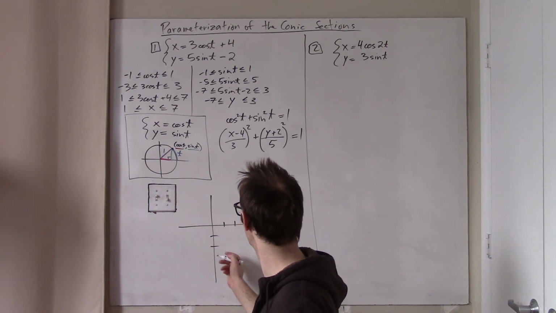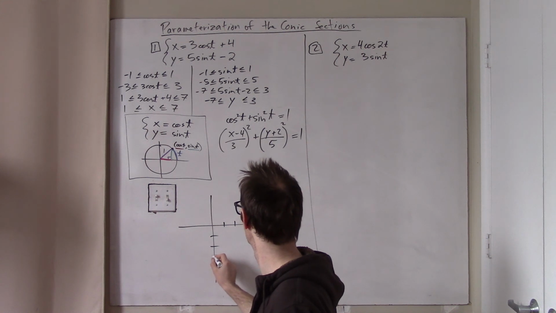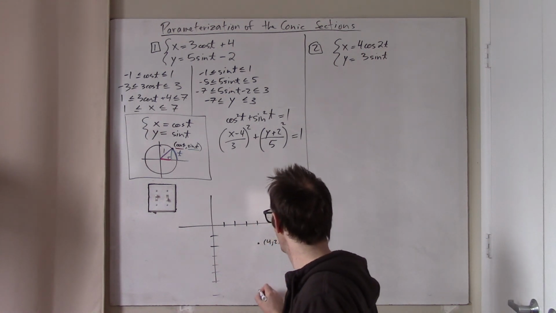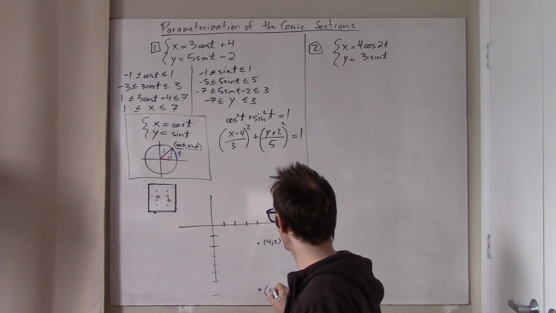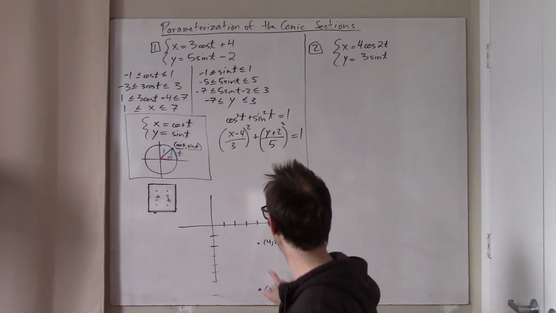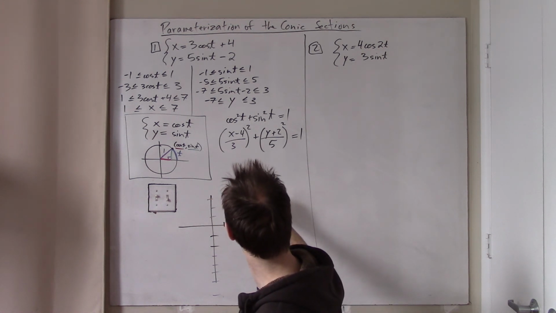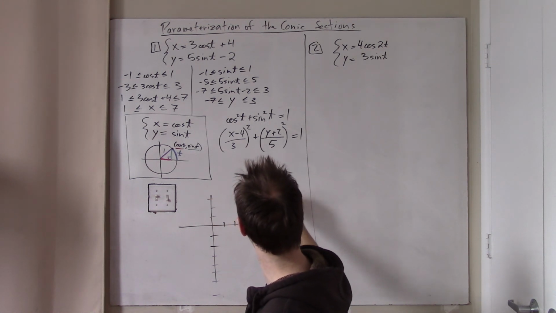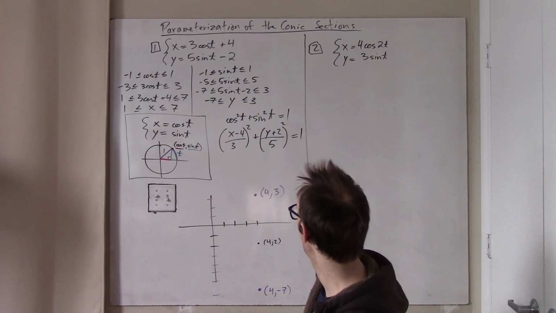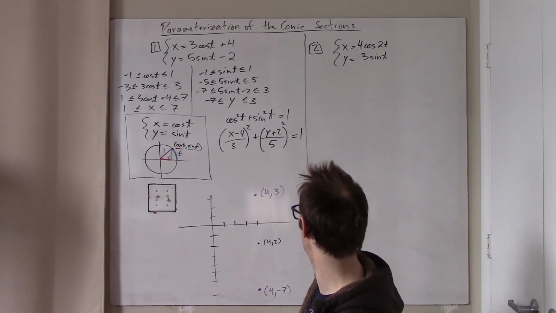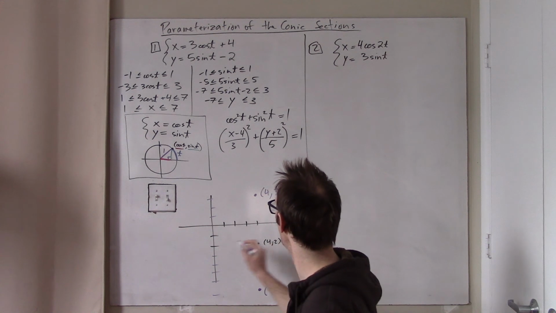They're going to be up 5 and down 5. So let's see, 2, 3, 4, 5. So I'll have one vertex down here at 4, negative 7. Another vertex up here at 4, 3. And then it has been stretched horizontally by a factor of 3.